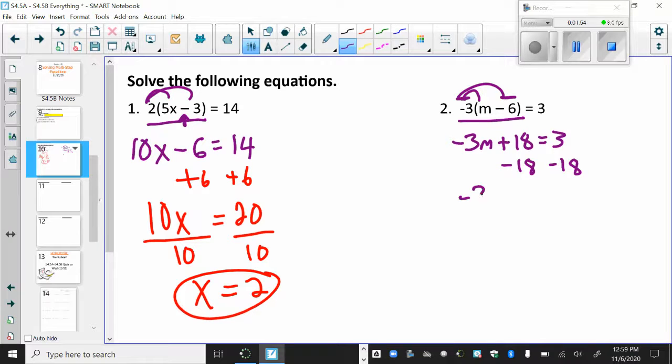Bring it down, negative 3m. That stays, nothing happened to it. Positive 18 minus 18 makes 0, so don't write anything. 3 take away 18 is negative 15. Lastly, I'm going to divide by negative 3 on both sides. Those cancel, leaving me m. Negative 15 divided by negative 3 is 5.